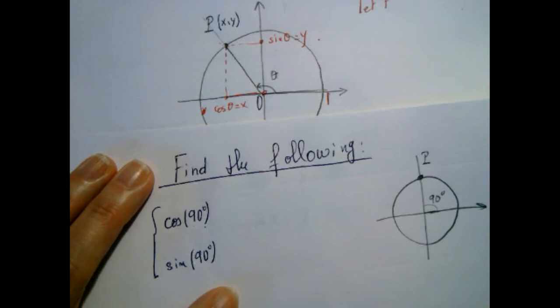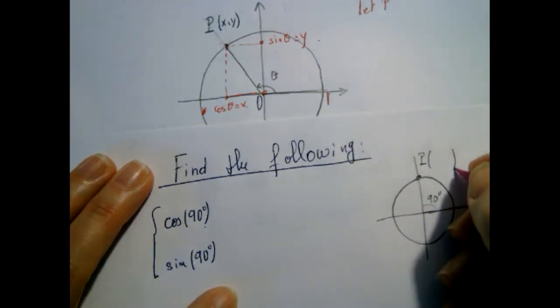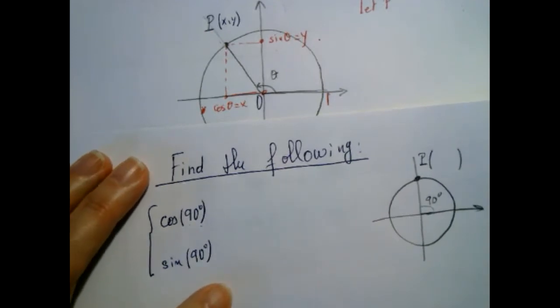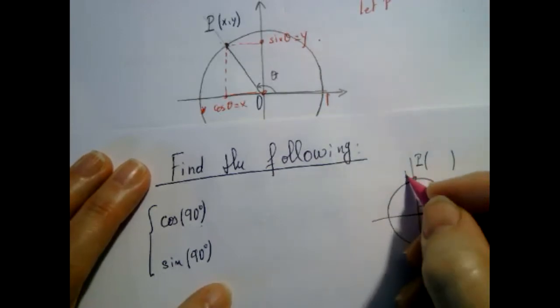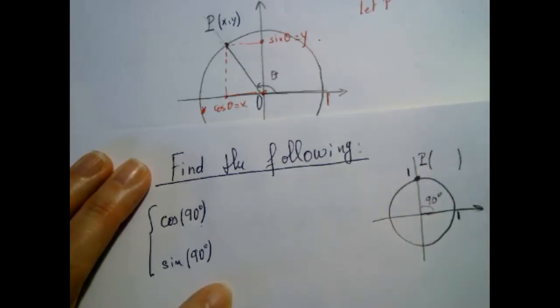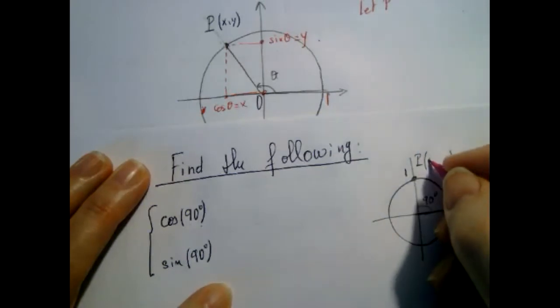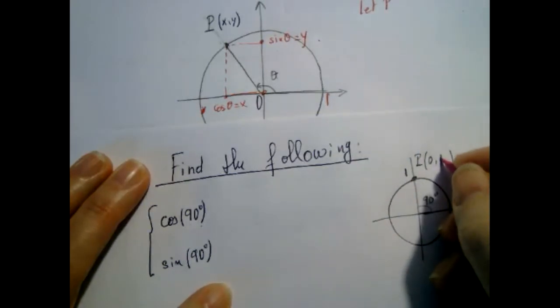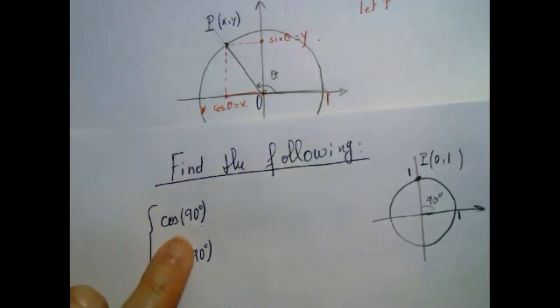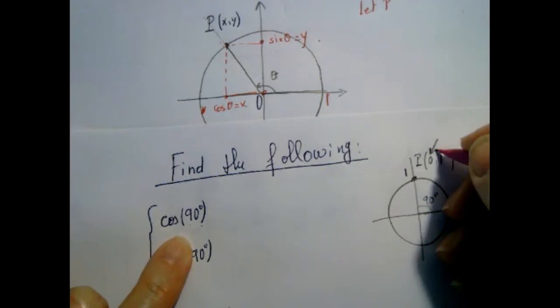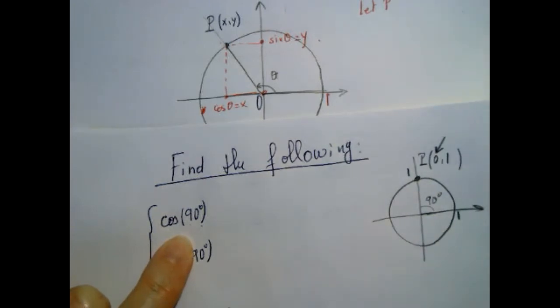Now, this point has x and y coordinates. What are the coordinates of this point P? Remember, that's the unit circle. So the coordinates of this point P are 0 and 1. Now, what's the cosine and the sine? The cosine is the x coordinate. That's the definition.